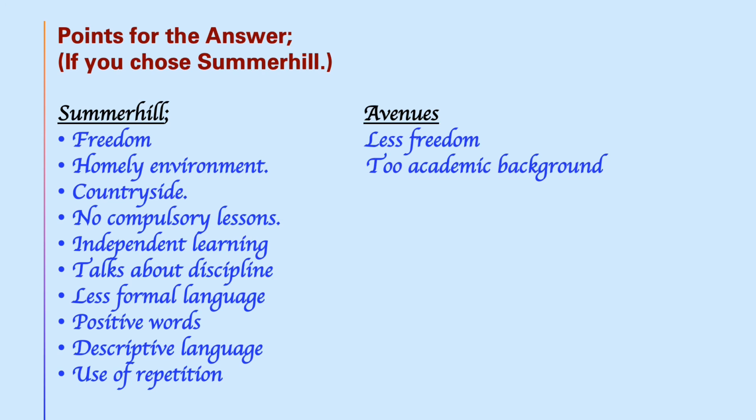And additionally, you can write about the language. The language used is less formal and positive words are used, descriptive language is used, and you can write about the use of repetition. And in addition, you have to write the reasons why you didn't choose Avenues.